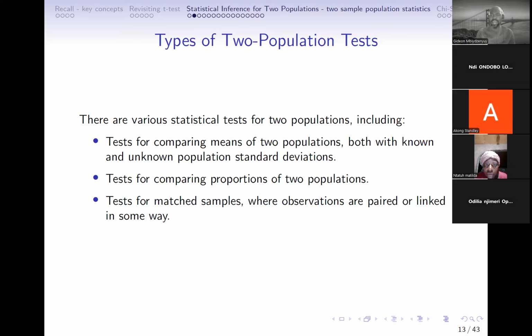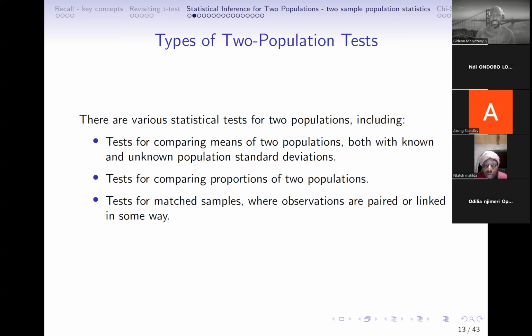We can either have the situations that we've seen before, which are that we know or we do not know the standard deviations of each of these populations. This information is going to be useful because if you're thinking about that pattern of calculations, it's the same.